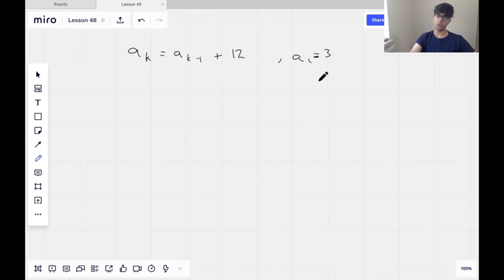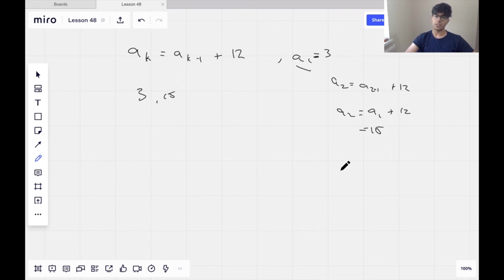Okay, so we know the first term is 3. That's given to us right here. A2: this rule applies for all values of k, right? So A2 is equal to A(2 minus 1) plus 12, which is A1 plus 12. And we know A1 is 3, so 3 plus 12, which is 15.